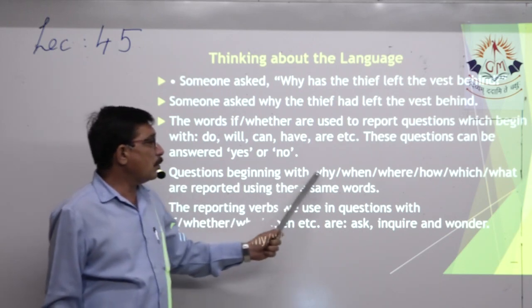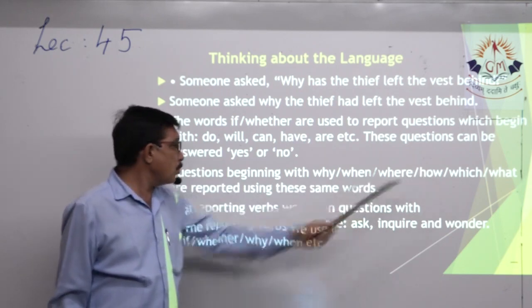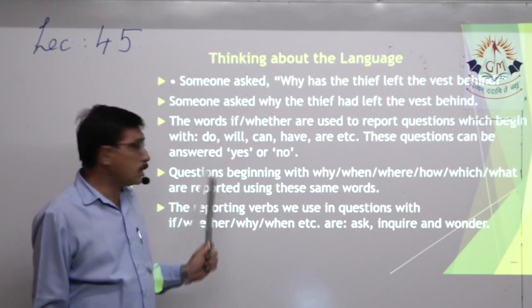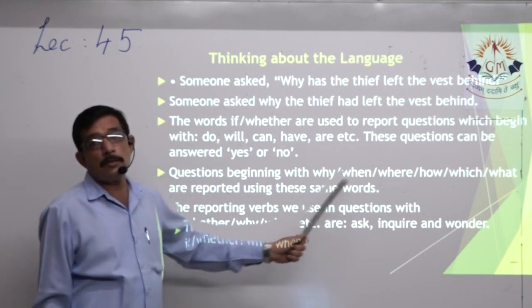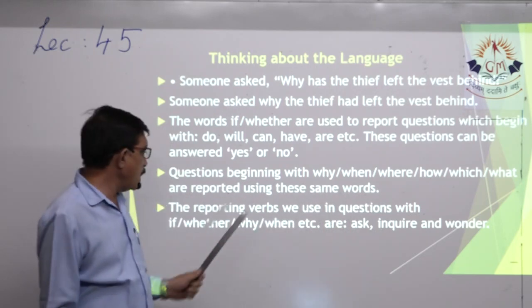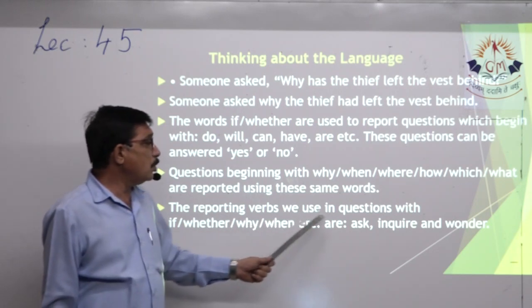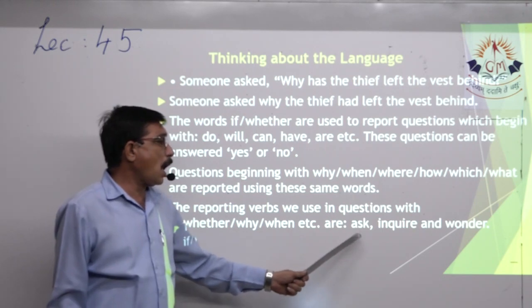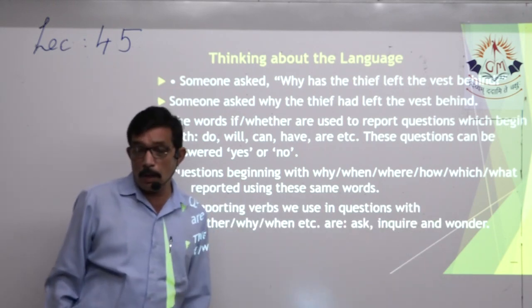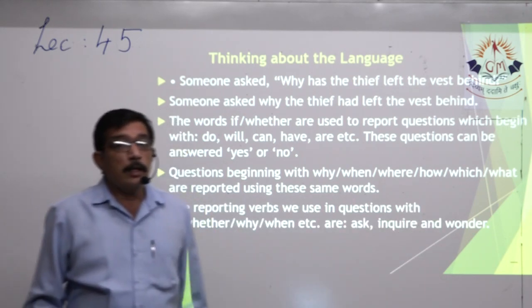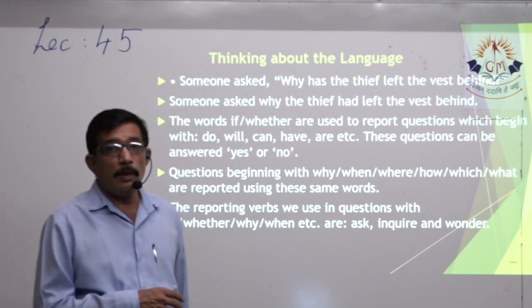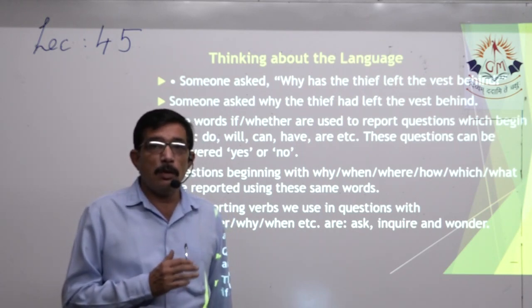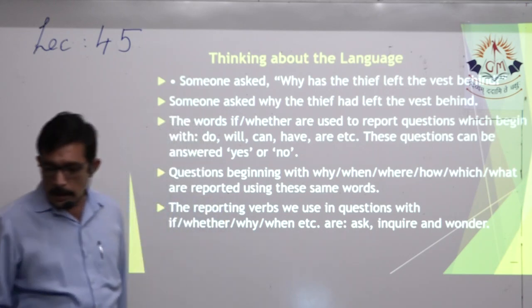Questions beginning with why, when, where, how, which, what are reported using the same words, no change. The reporting verbs we use in questions with if, whether, why, when, where, etc. are ask, inquire, or wonder, that is interrogative, when we have to turn direct into indirect.